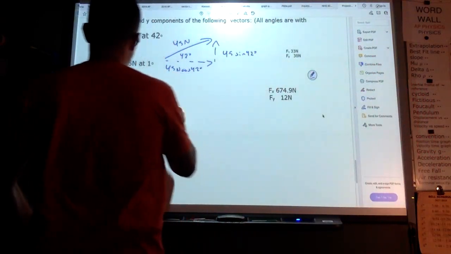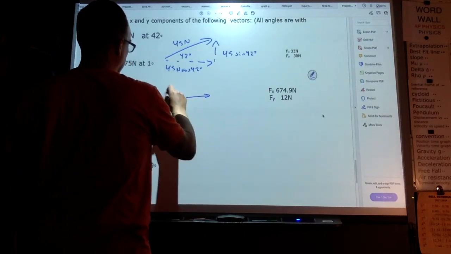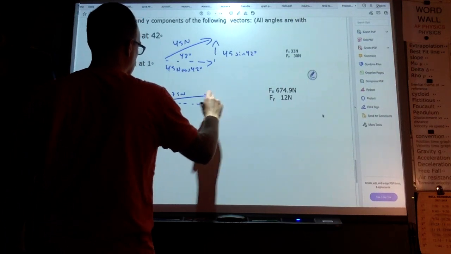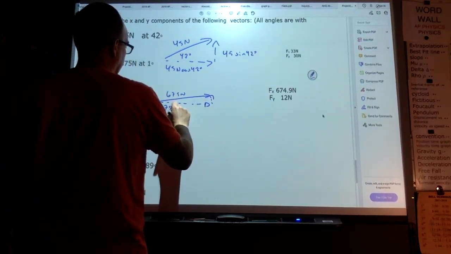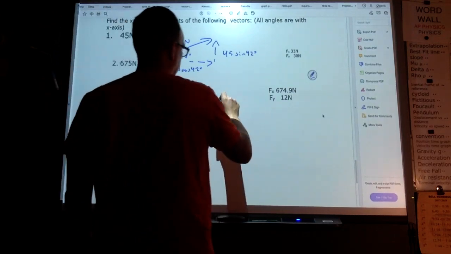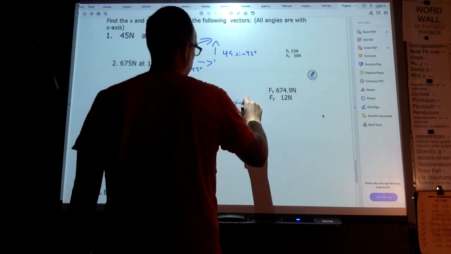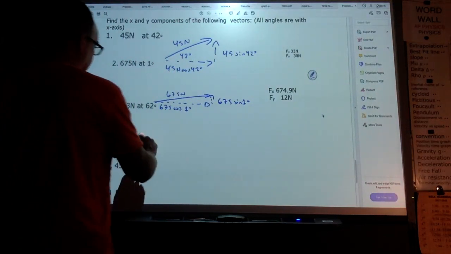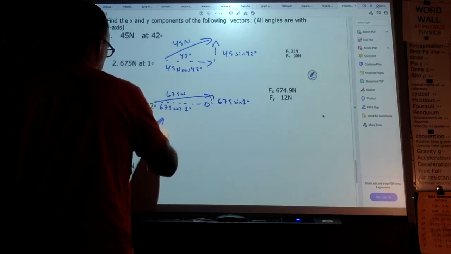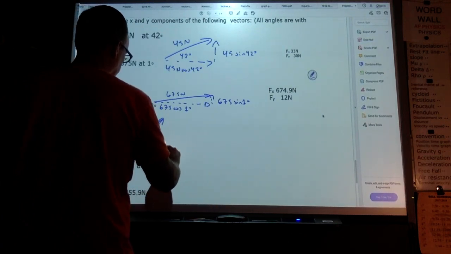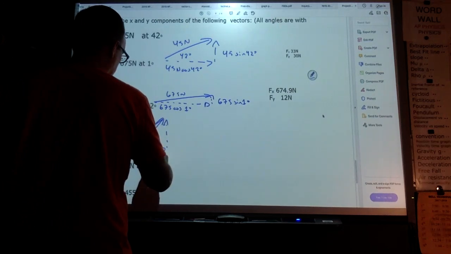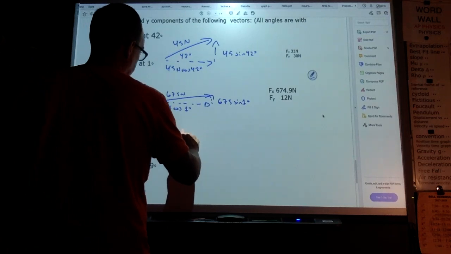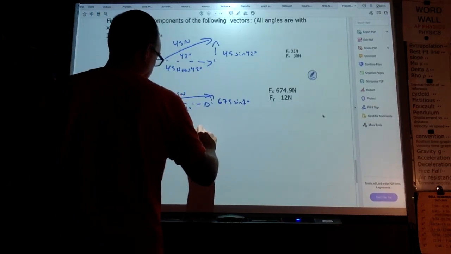We have 675 at 1 degree. Jeez. So this would be 675 cosine of 1. This would be 675 sine of 1. We have 123 at 62. So this would be 123 cosine of 62. This would be 123 sine of 62.